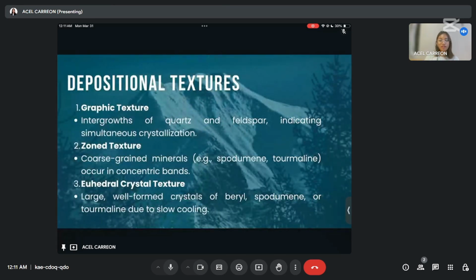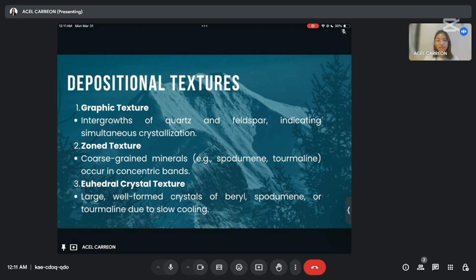For the depositional textures, we have the graphic texture, which, as discussed earlier, is the intergrowth of quartz and feldspar indicating simultaneous crystallization. We also have the zoned texture, where coarse-grained minerals occur in concentric bands, characterized by the replacement of original granite minerals by quartz, muscovite, and other minerals, sometimes with distinct zones of varying mineral compositions.